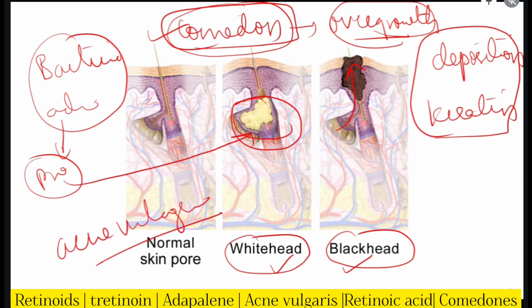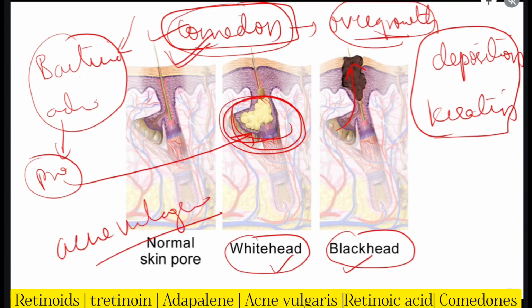I think you understood what is acne vulgaris. Acne vulgaris is caused due to age factor, and with that excessive production of sebum will develop bacterial growth. This bacterial growth will cause accumulation of pro-inflammatory mediators, and with that it will potentiate the deposition of proteins like keratin, and this keratin will be accumulated and form an overgrowth which is called comedone.